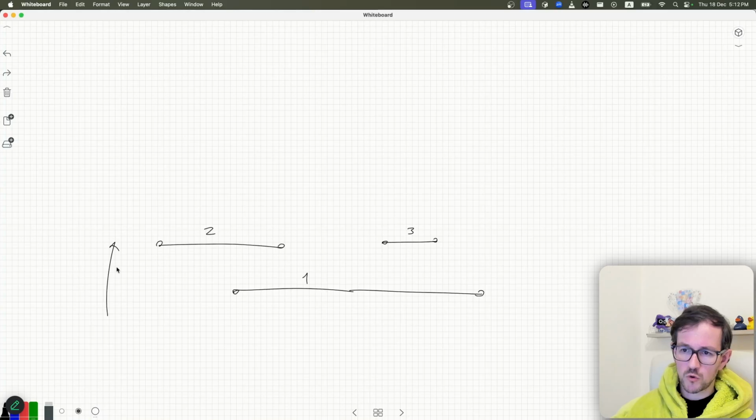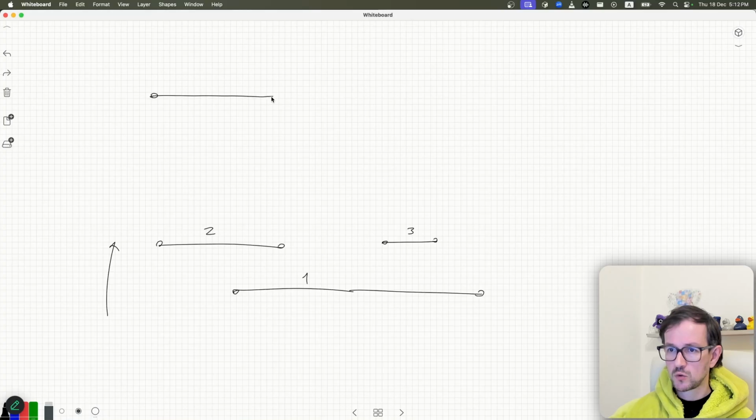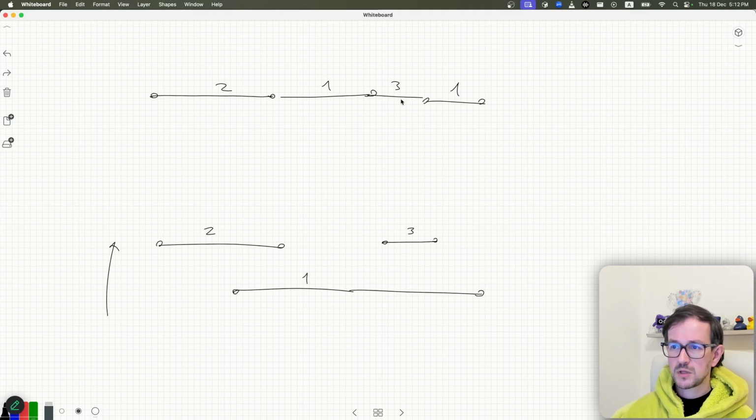I go top to bottom, and you can maintain a profile like this: segment 2, then segment 1, then segment 3, then again segment 1, something like this.